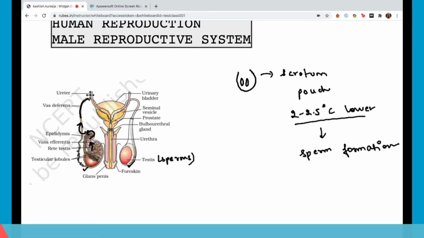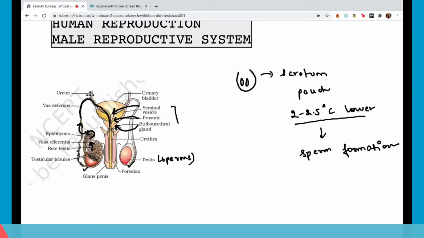If you follow the line that I'm following, they come and open up near this common opening for sperms and urine. Once the sperms reach here, they receive secretions from accessory glands called seminal vesicles, prostate, and bulbourethral glands.